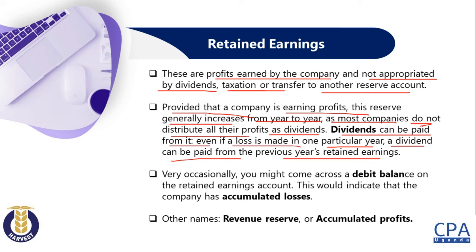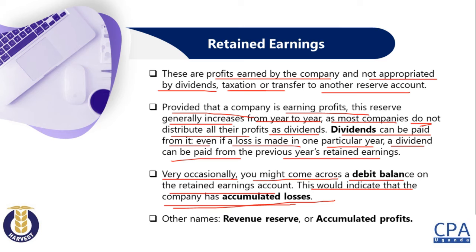In the third bullet, we are saying that very occasionally we might come across a debit balance on the retained earnings account. This would indicate that the company has accumulated losses. So it is also normal and common that a company may have a negative retained earnings balance.